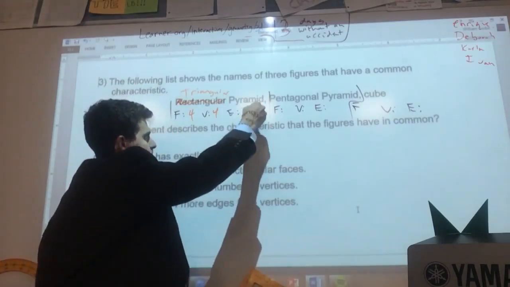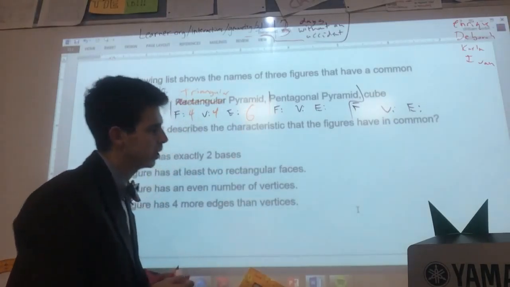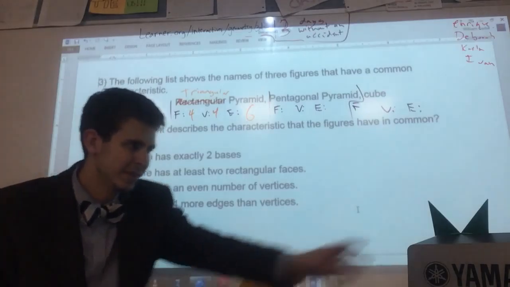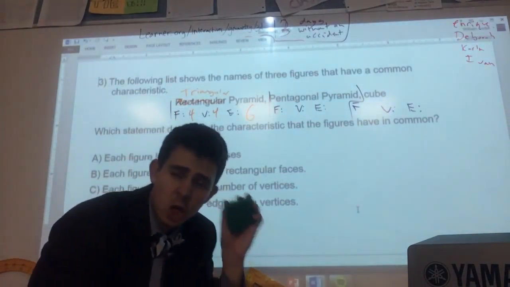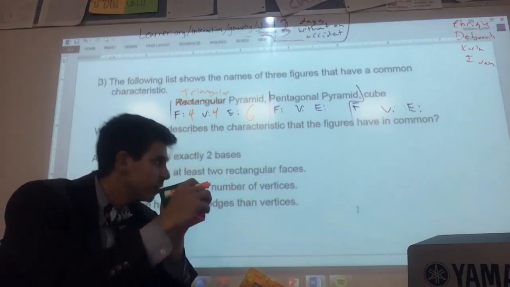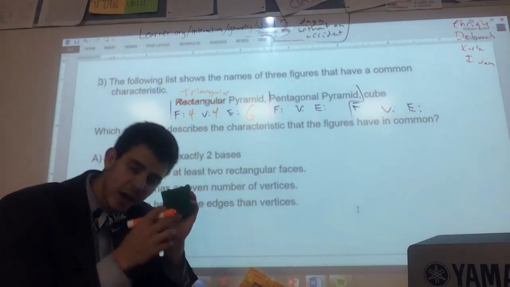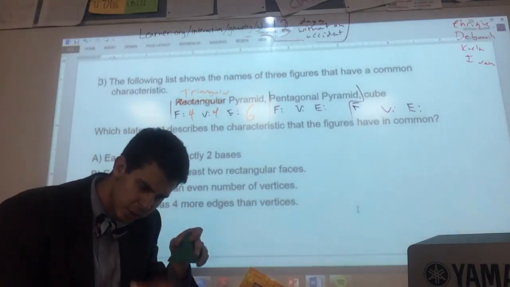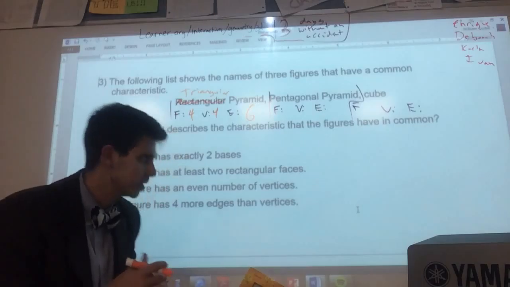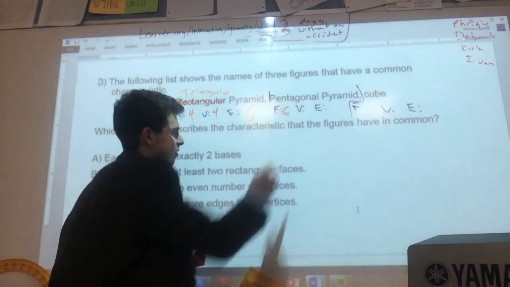The pentagonal pyramid, well, I know it's kind of like this, but instead of a rectangle in the base, it's going to be a pentagon. We'll do the faces. There's 1 base on the bottom, and there's going to be 5 faces around it, because it's a pentagon, so there's going to be 6 faces.